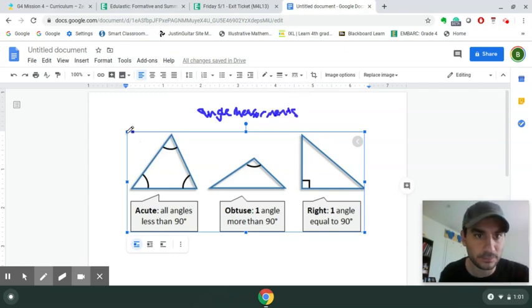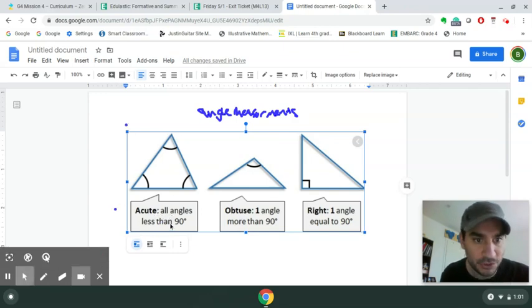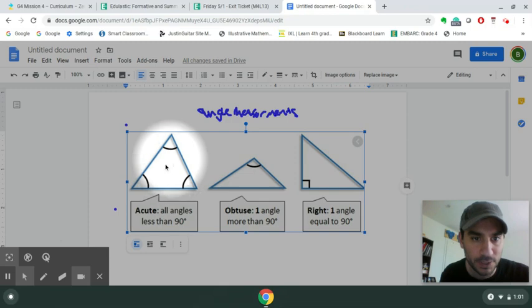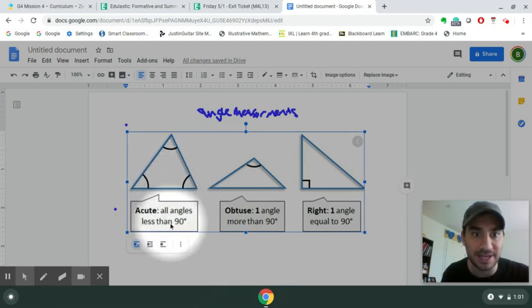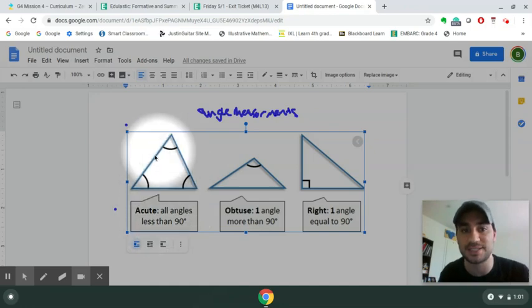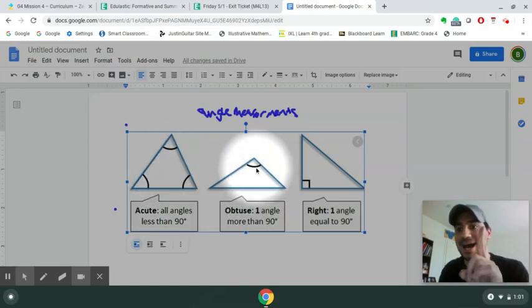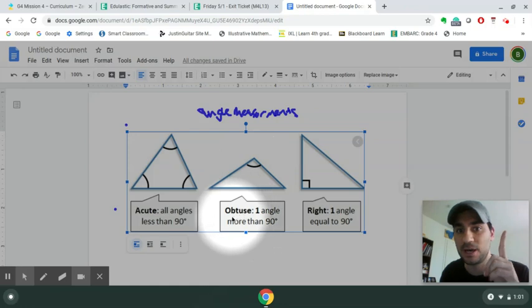A triangle is an acute triangle if all 3 angles are less than 90 degrees. If one angle is greater than 90 degrees, it's an obtuse angle.